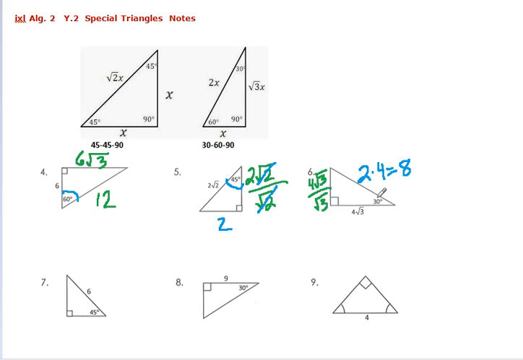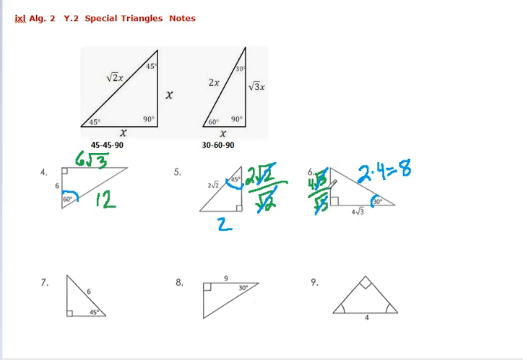Moving on to this one, we have a 30-degree angle, which lets us know that it's this triangle right here. What leg do we have? It is not the short leg. It's the long leg because it's next to the smaller angle. Now, the long leg was multiplied by the square root of 3 off of the short leg, so we can just divide by the square root of 3 to undo that.